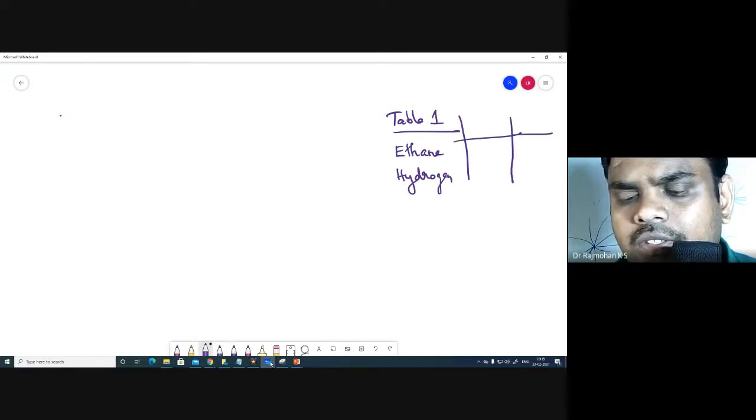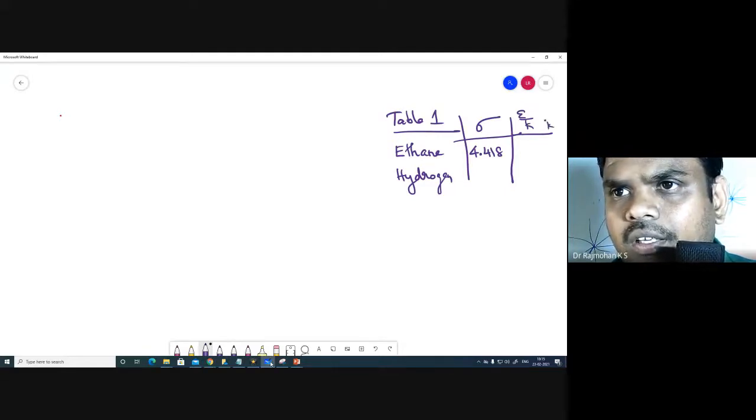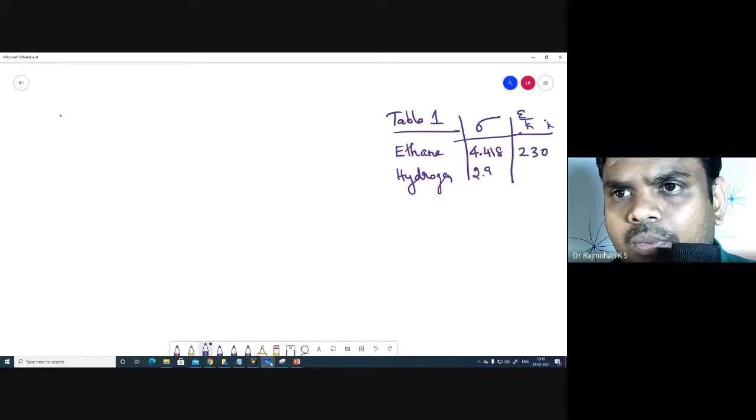So for ethane the value is 4.418, that is the value of sigma, that is your parameter, and we have epsilon A by k in Kelvin, so the value is 230. For hydrogen the values are 2.915 and 38.